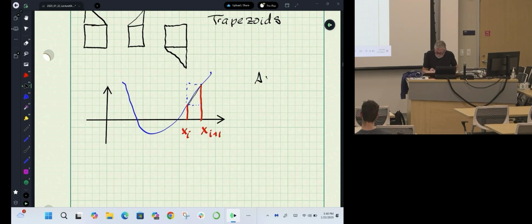So the basic thing stays the same. Delta x is (b minus a) over n. x sub i plus 1 is just x sub i plus delta x. That's how we build our uniform grid. x sub 1 is a, so all that stuff is the same.